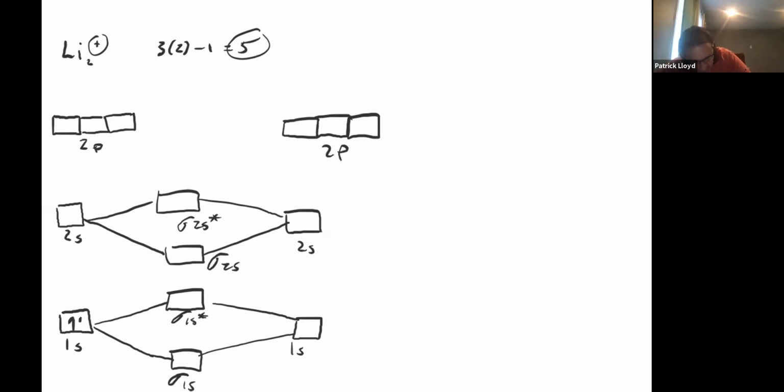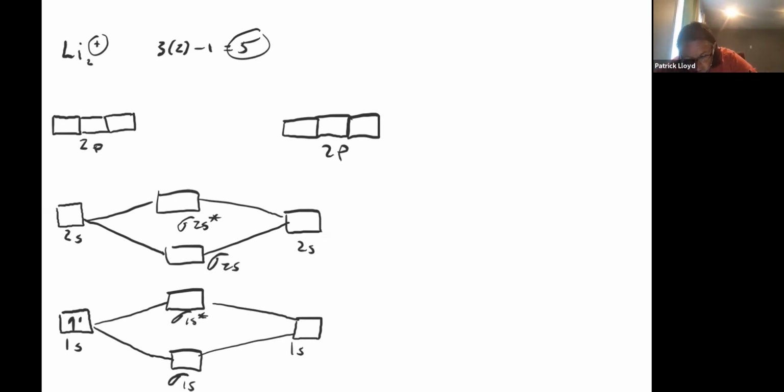It's sigma 1s, sigma 1s star. I'm going to put the exponents, the superscripts, on the outside. That way it's a little easier to see. Okay. And then you have sigma 2s, but it only has 1, right? There's just 1. That's half a bond, actually, if you think about it.